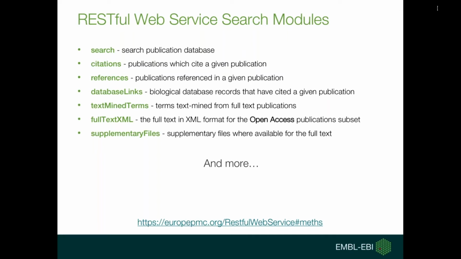The citations module allows you to access articles that cite a given publication, whereas references provides a list of publications referenced by a paper of interest. You can retrieve information about biological database records citing a paper, access text mined terms, supplemental data, or the full text of the open access articles. As you can see, with Europe PMC, you have a lot of flexibility in the kinds of tasks you can perform.